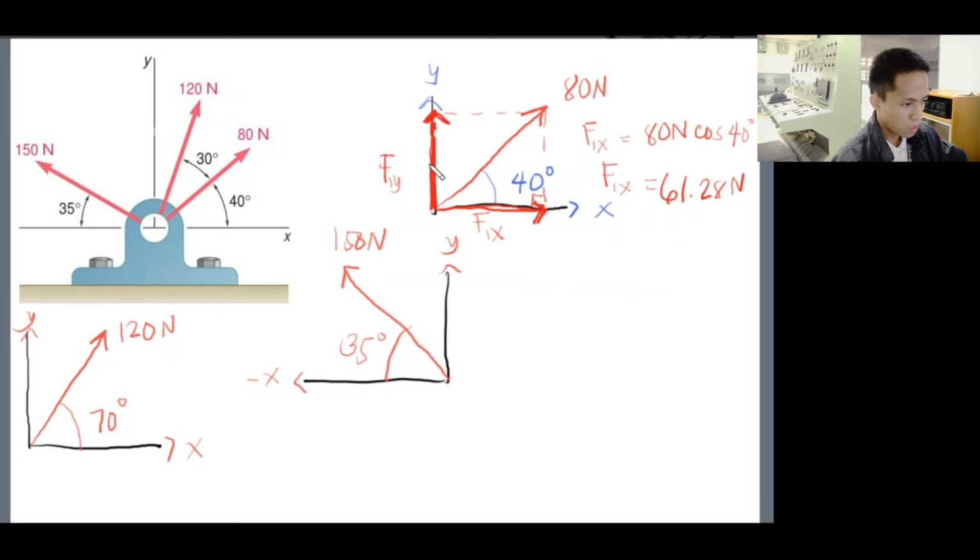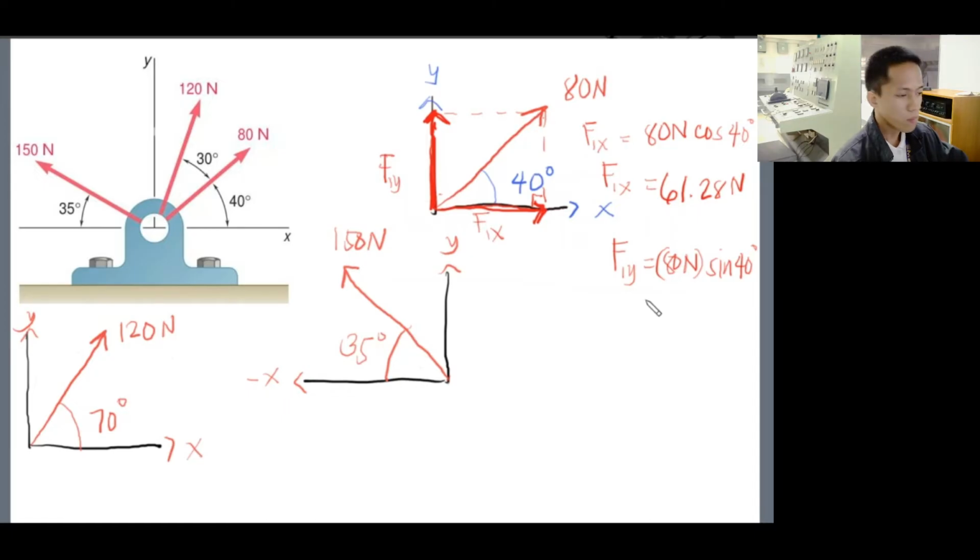So, this here, ito yung f of 1y natin, itong side na to, equal lang naman yan dito sa side na to. So, this side, this is your opposite. So, f of 1y equals 80 newtons sine, since siya ay opposite side. So, sine 40 degrees. So, review natin guys yung trigonometry. Gamit na gamit siya dito sa statics.